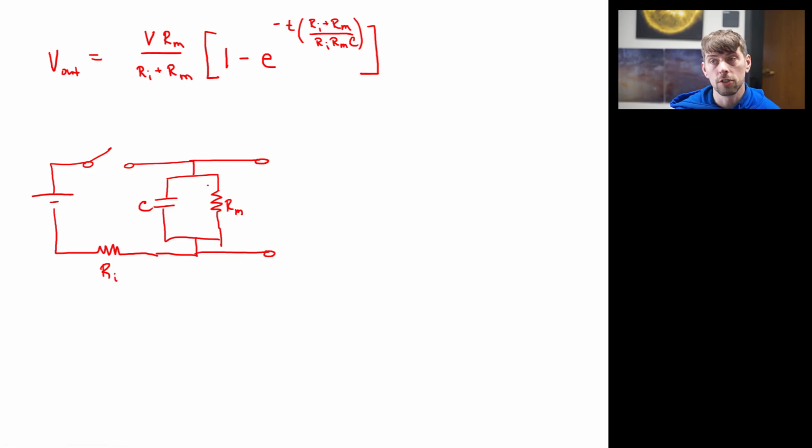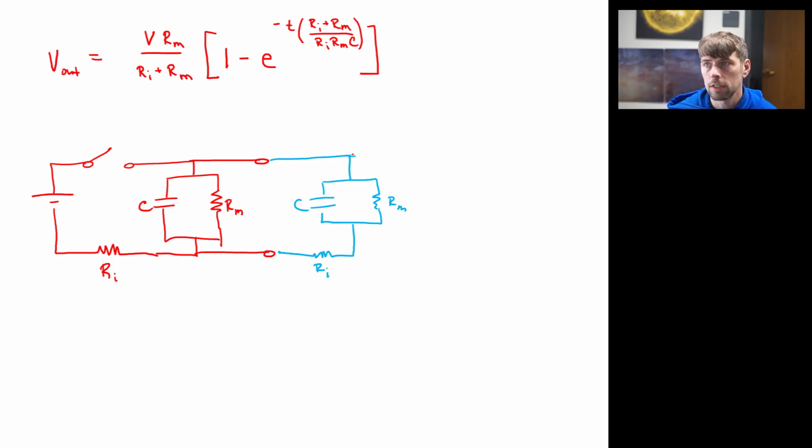But you could imagine drawing in another circuit that looks exactly the same. Let me do it in blue so that it pops a little better. You could imagine drawing in a second one of these with the same value Rm, the same value of C, and the same value for the internal Ri.